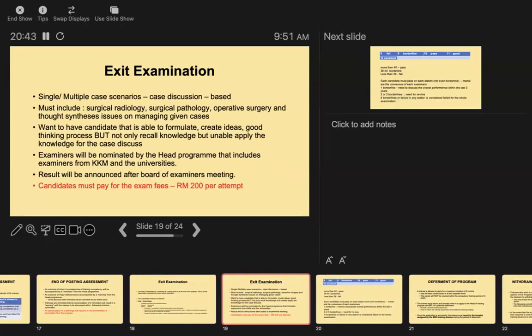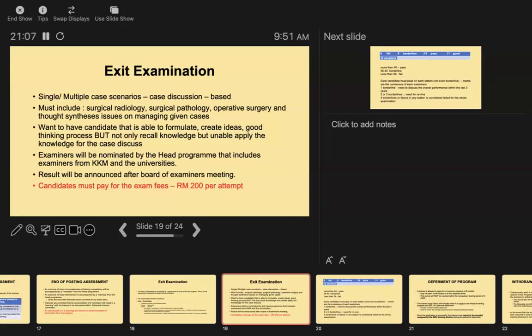It is probably a single multiple case scenario, probably case-based discussion. Dalam satu table katakan pathology, kalau katakan breast, it must include surgical radiology, surgical pathology, operative surgery, and toxicity issues on managing given cases.